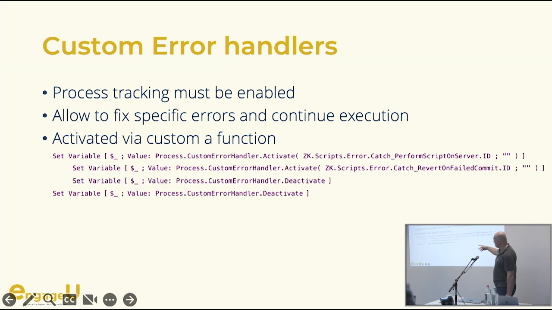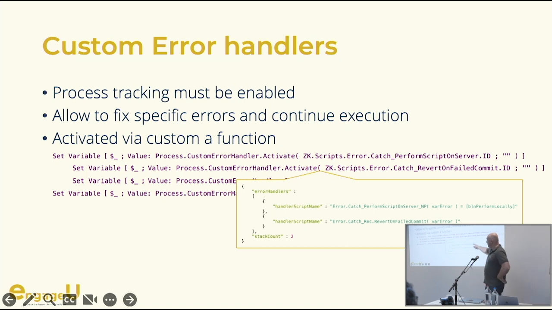As you can imagine, this is fully stackable, so you can have a hierarchical error handling structure. And what it does, it adds to the process variable this array. Okay? So when an error happens, we know we have to call this script. If the error has not been cleared, we call this script.